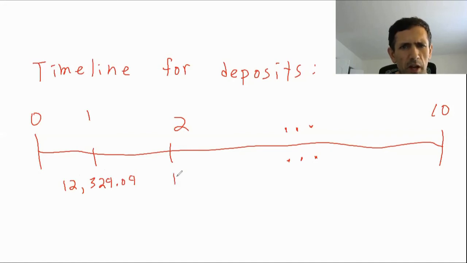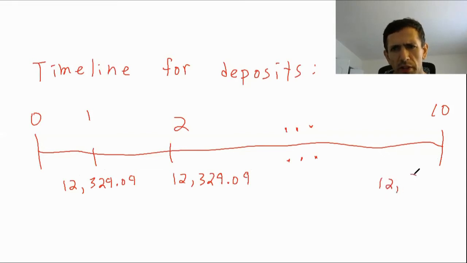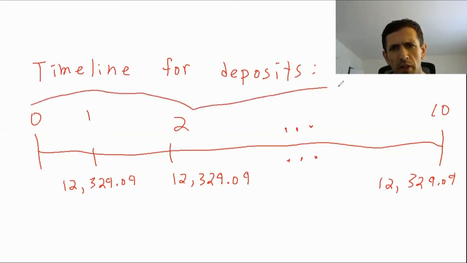So every deposit you make into this account is $12,329.09. We just computed that. And the last one, $12,329.09. We know that for this entire 10 years, we're given that the interest rate here is 6%.